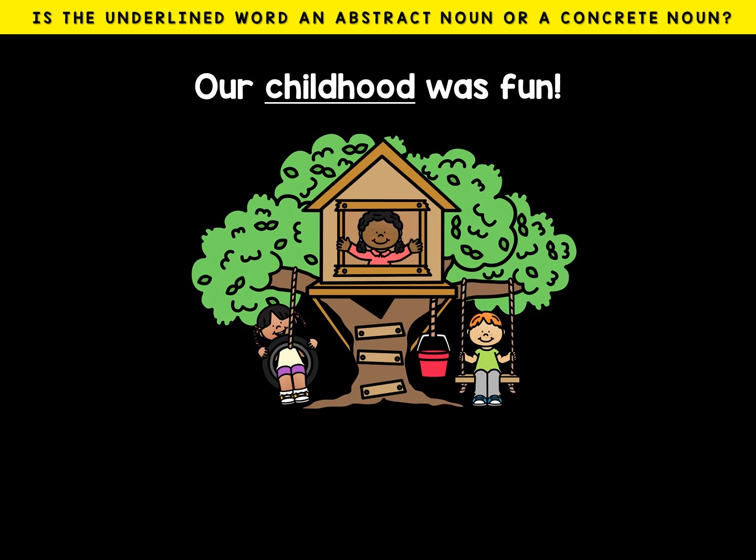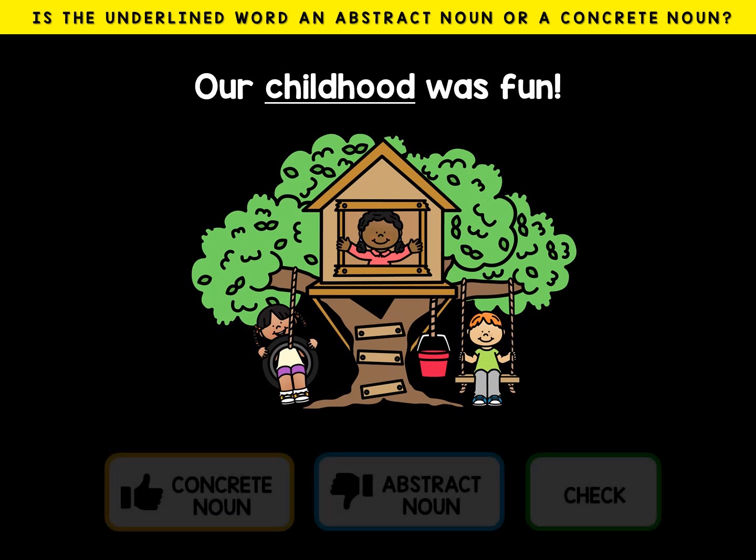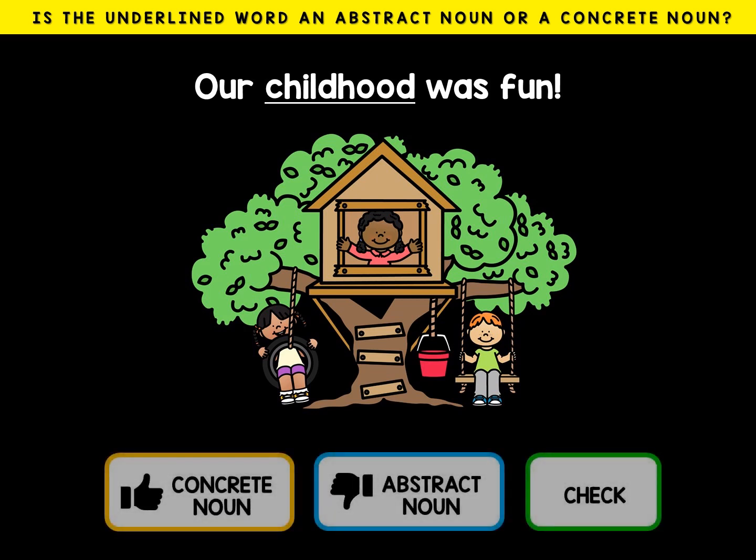Our childhood was fun. The word childhood, is it abstract or concrete? Abstract. We can experience it, but we can't use our 5 senses to touch it, feel it, taste it, or hear it.